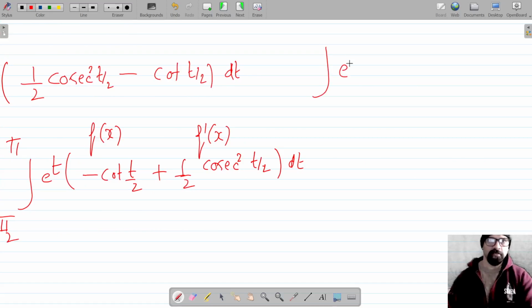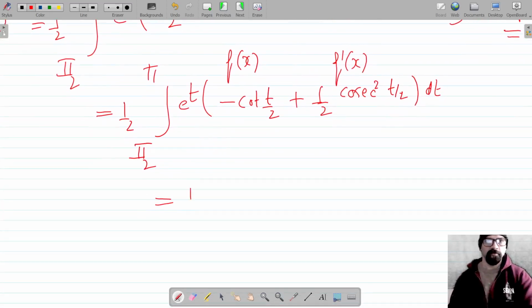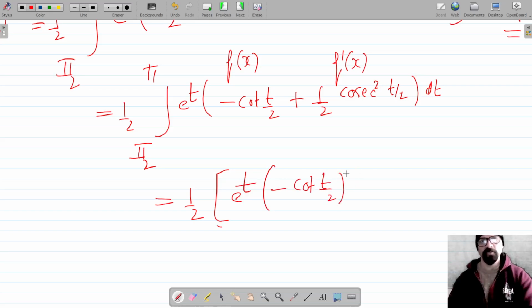And we know that the integration of e raised power x into f of x plus f dash x is equal to e raised power x into f of x plus c. So this is now half e raised power t, and f of x is negative cot t by 2, evaluated for the limits pi by 2 to pi. Let me take the negative out.